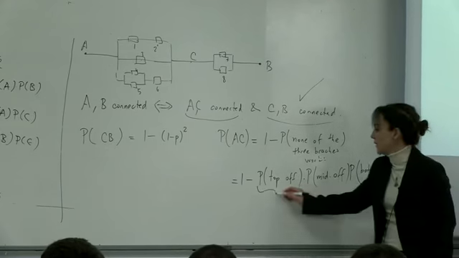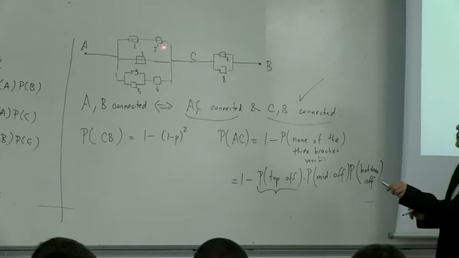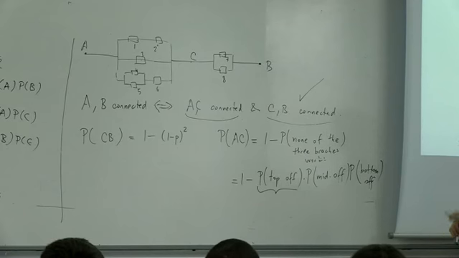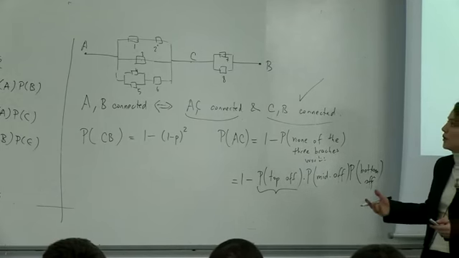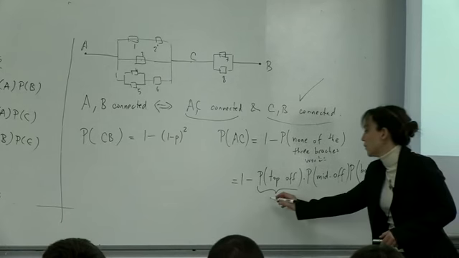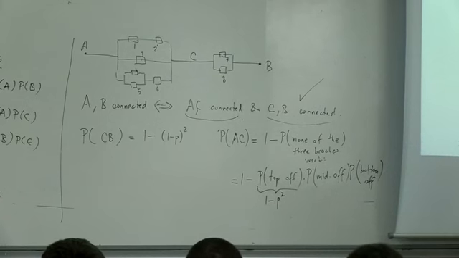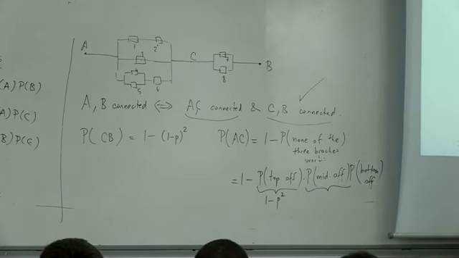What is the probability that the top branch is off? Right, for the top branch to work, both of these elements have to work because they are series connected. So if either of them doesn't work, then it won't. So 1 minus p squared, because p squared is the probability that that branch is on. What is the probability that the middle branch is off? That's easy. 1 minus p.